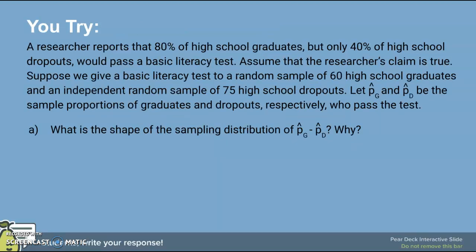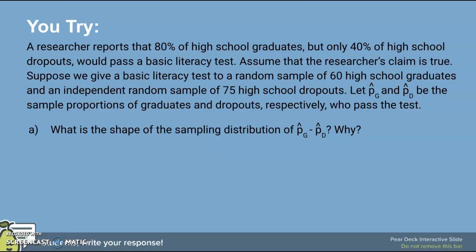All right, so now you've got one to try. A researcher reports that 80% of high school graduates, but only 40% of high school dropouts would pass a basic literacy test. Assume that the researcher's claim is true. Suppose we give a basic literacy test to a random sample of 60 high school graduates and an independent random sample of 75 high school dropouts.